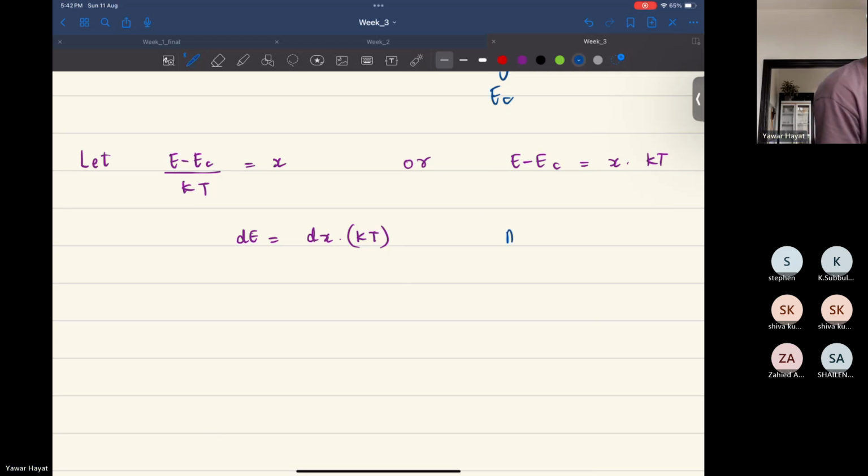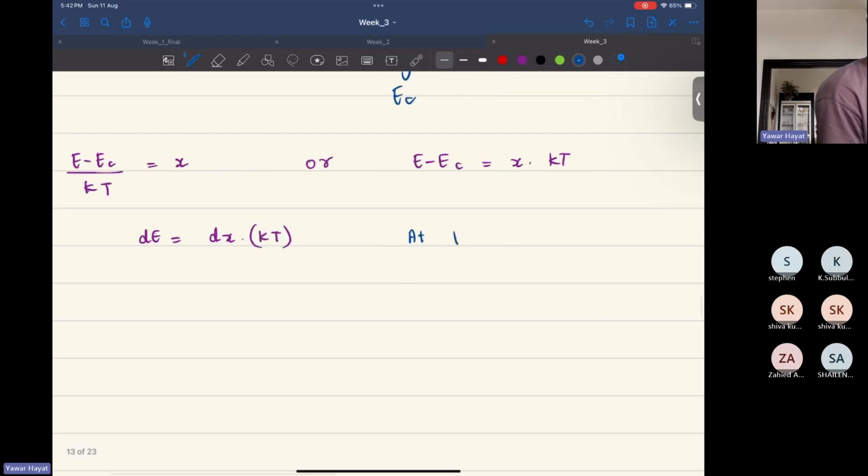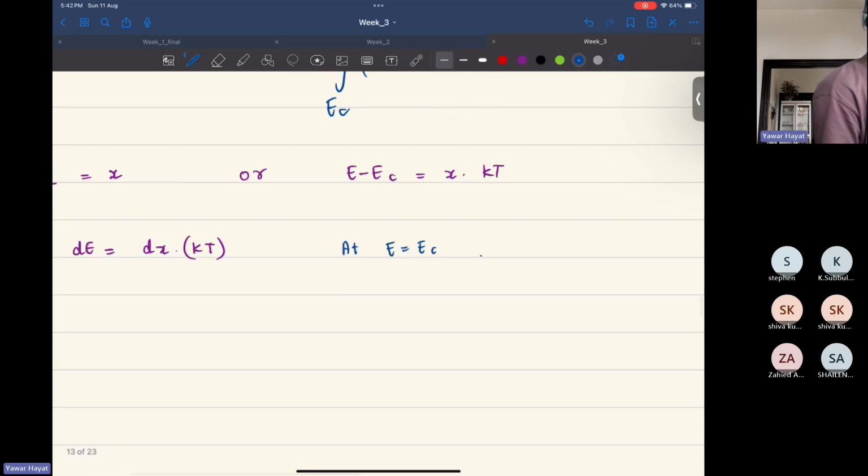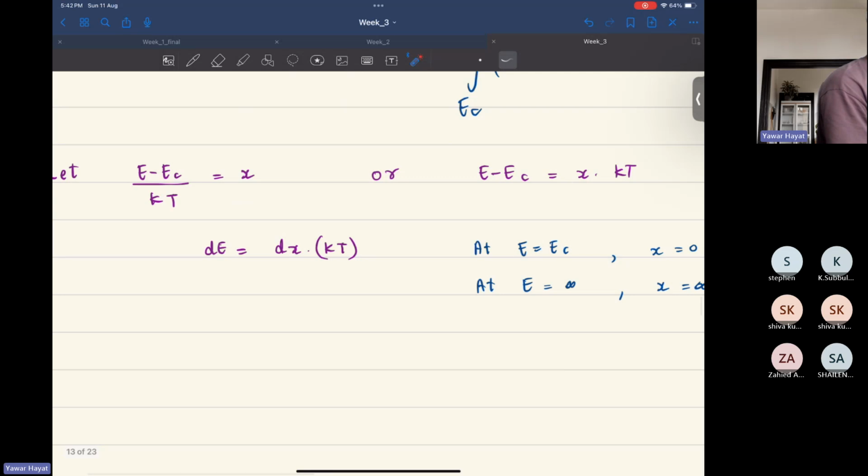So when your E is equal to EC, what will your x be? When E is EC, your x is 0, right? Similarly, at E equal to infinity, x will still be infinity, right? Because if this is very large, you can just ignore this and x would be infinity.